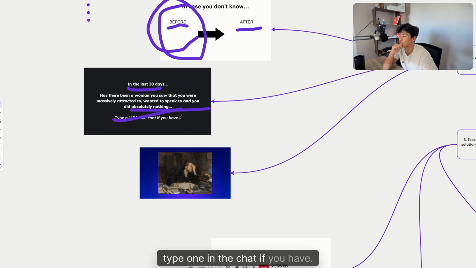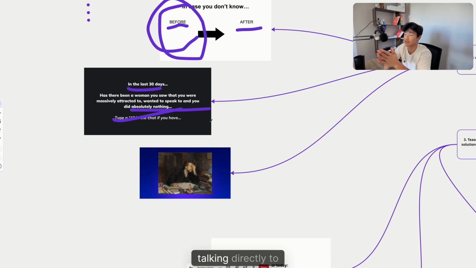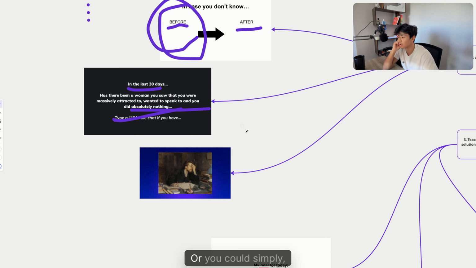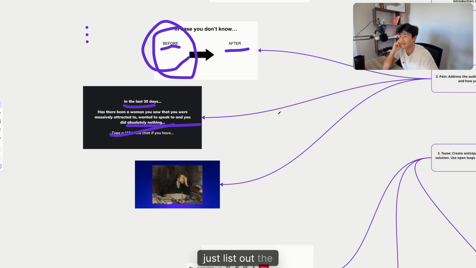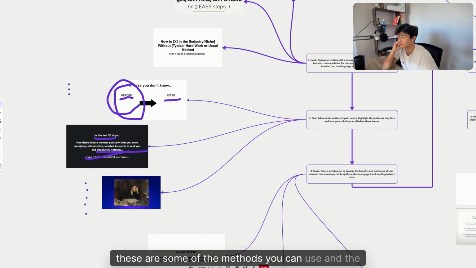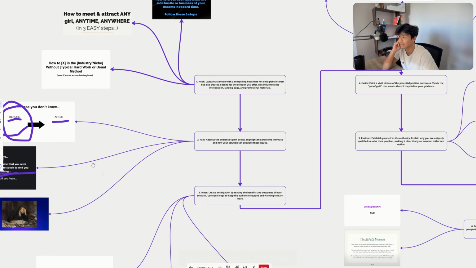Type 1 in the chat if you have. So yeah, again, talking directly to their pain and whatever they have experienced. Or you could simply just list out the pain points as bullet points of what they're probably going through. So yeah, these are some of the methods you can use and the specific slides for that.